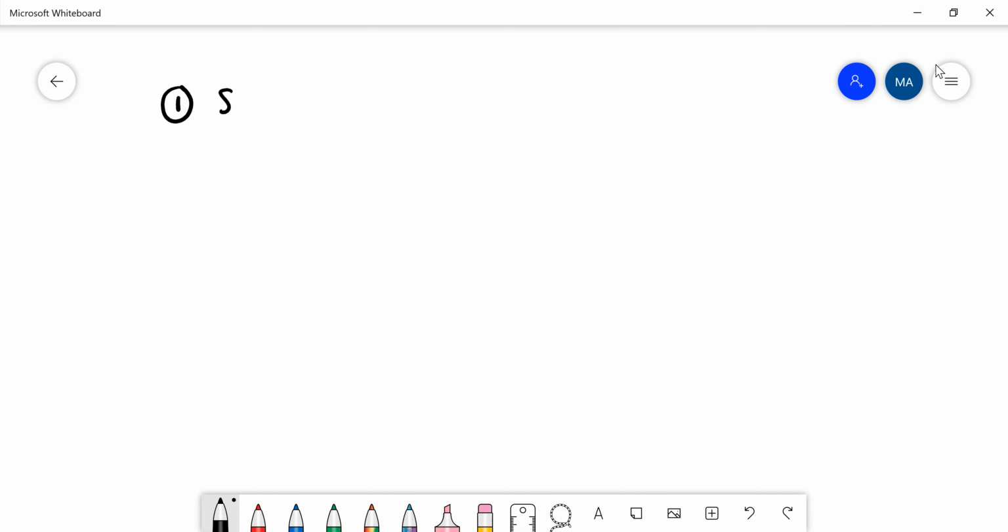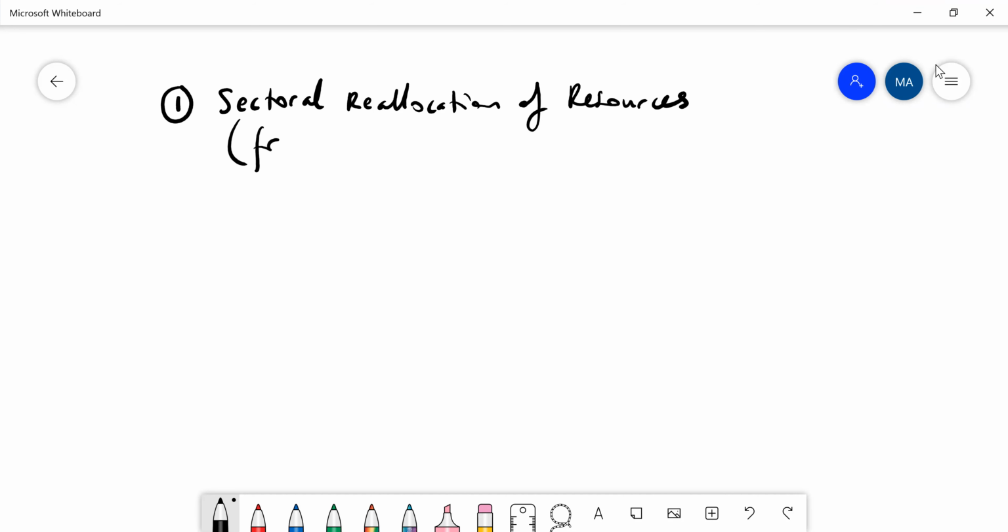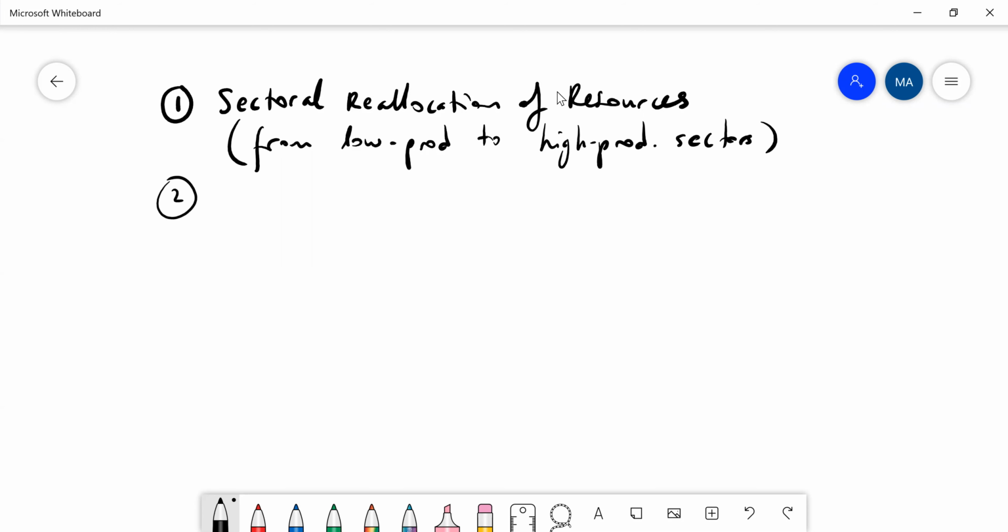One is sectoral reallocation of resources, right, from low productivity to high productivity sectors. So that, of course, creates a productivity gain, as I showed you last time.